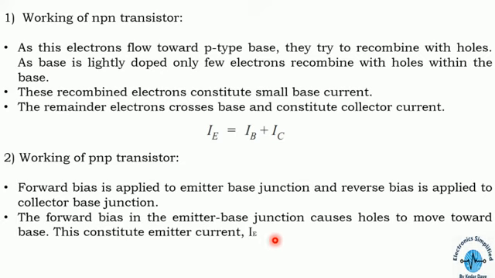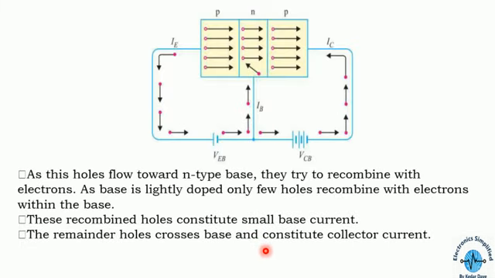The forward bias in the emitter base junction causes holes to move toward the base. We know that the p type has majority carriers as holes, and they will start flowing towards the n type region. This constitutes the emitter current, and as these holes flow toward the n type base, they try to recombine with electrons.